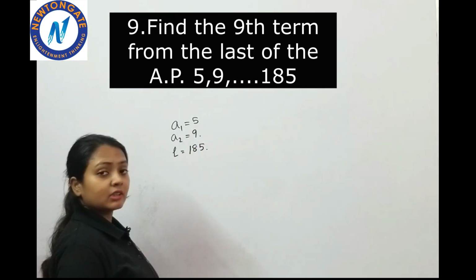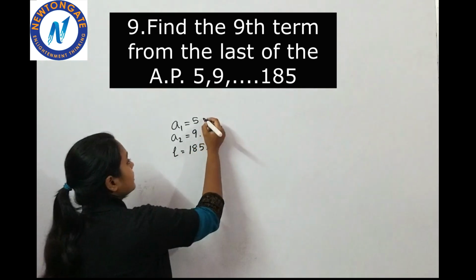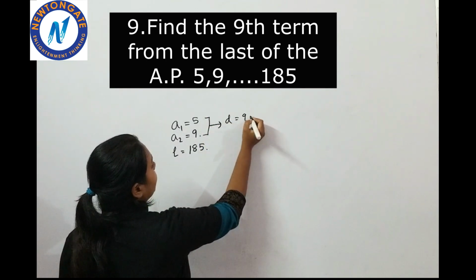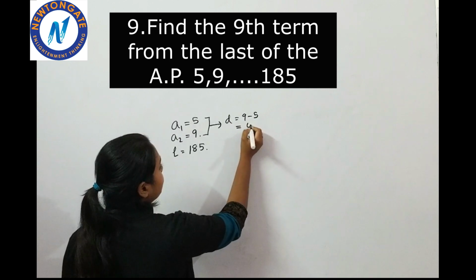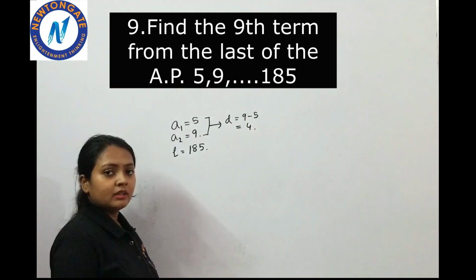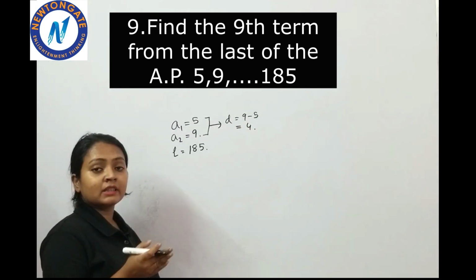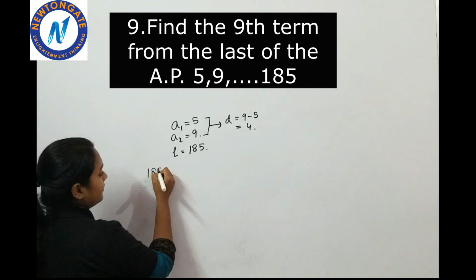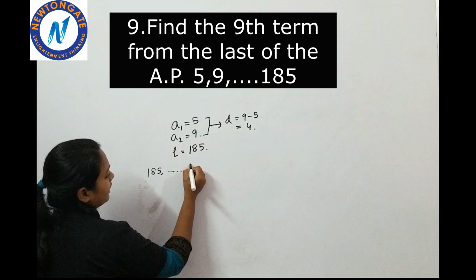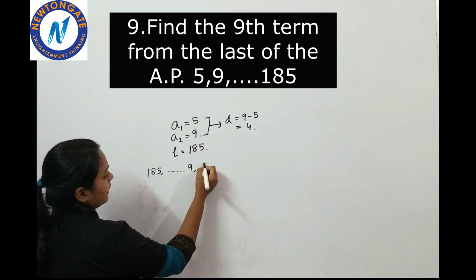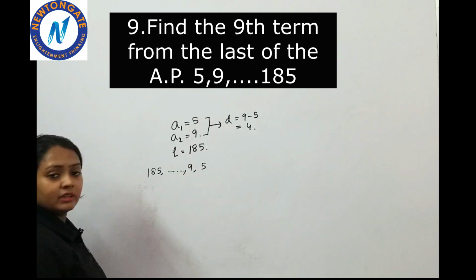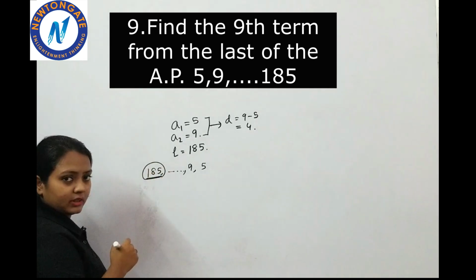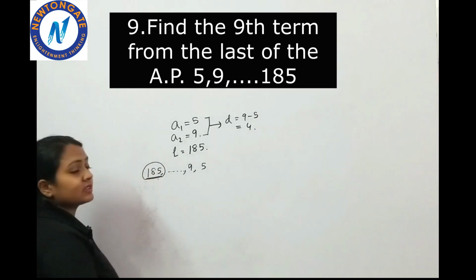Then what is the common difference of that AP? That is 9 minus 5 equals 4. Right? Now we calculate the nth term from the last. Then the series becomes 185, 9 and 5. Then here the first term is 185. Right? This is the first term.